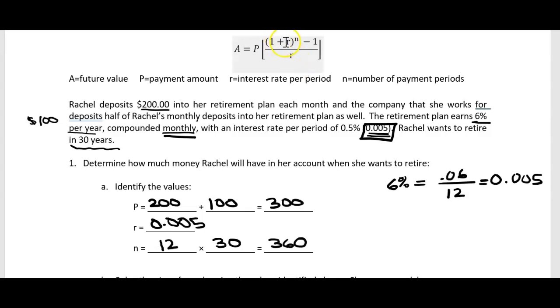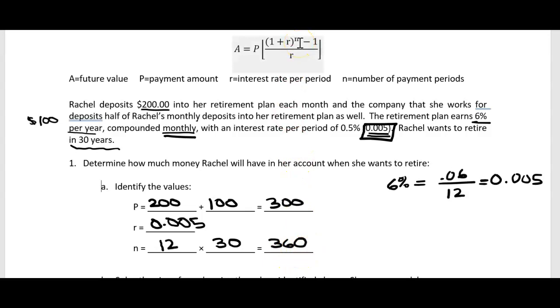So remember, order of operations says we want to do what's in parentheses first. So we'll do our 1 plus our 0.005. That would be 1.005 raised to the power, because we do exponents next, so we want to raise it to the 360th power.